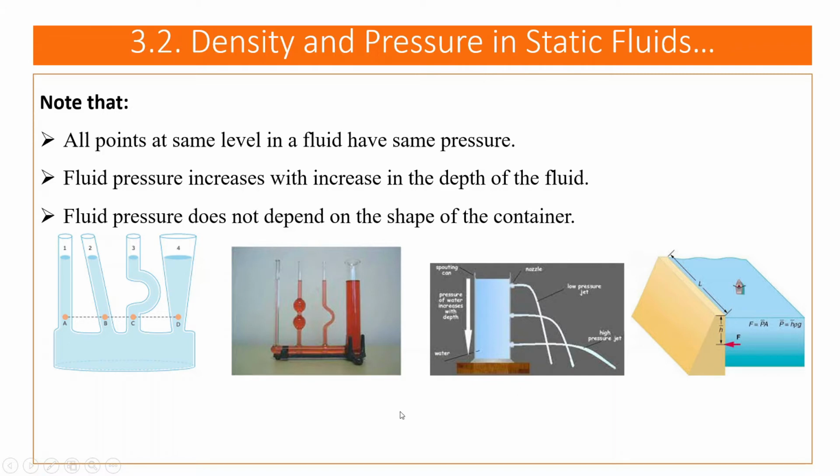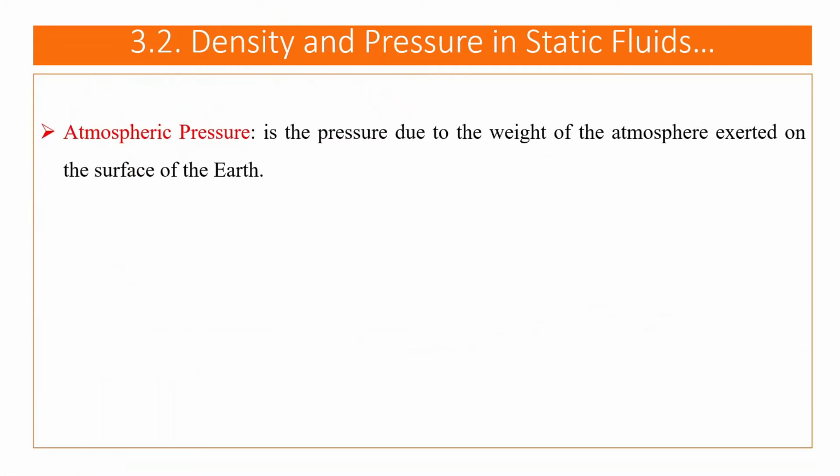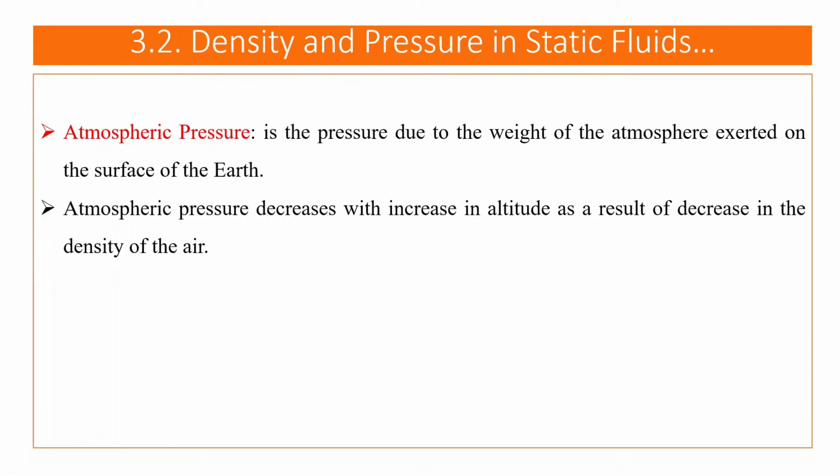Okay, now let's proceed to the next one, which is about the atmospheric pressure. The atmospheric pressure is the pressure due to the weight of the atmosphere, exerted on the surface of the earth. The atmosphere contains different molecules like oxygen, nitrogen, hydrogen, and so on.